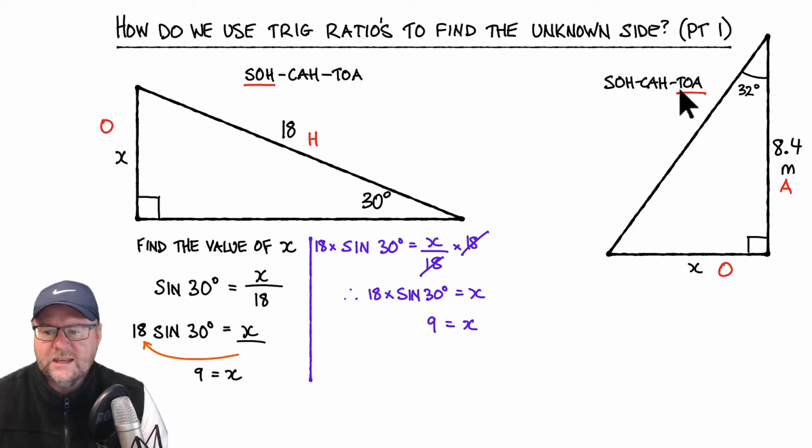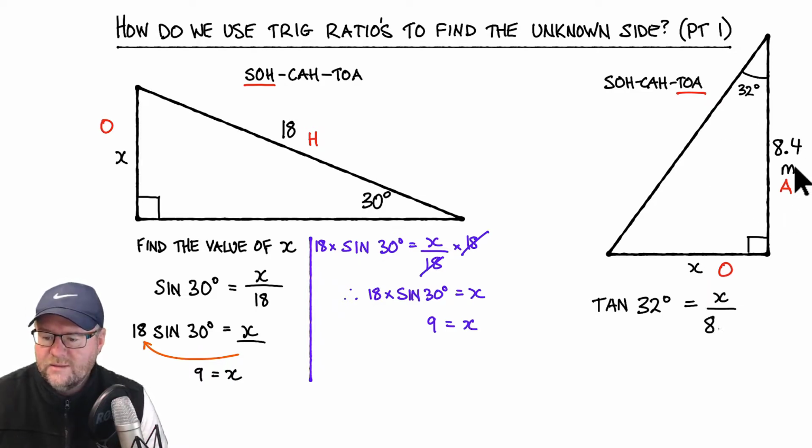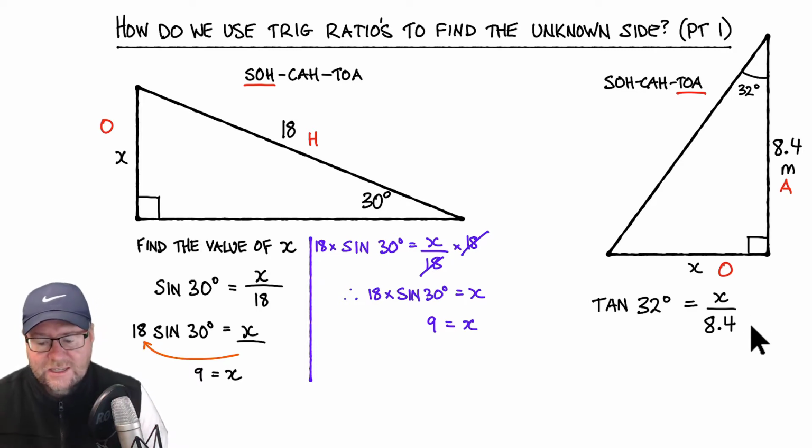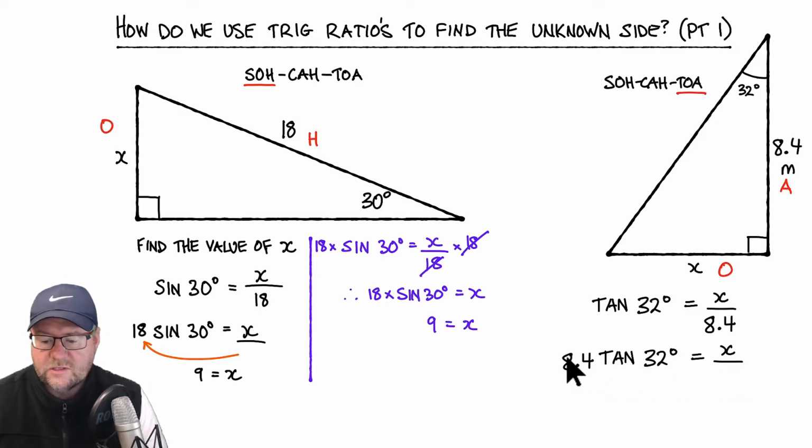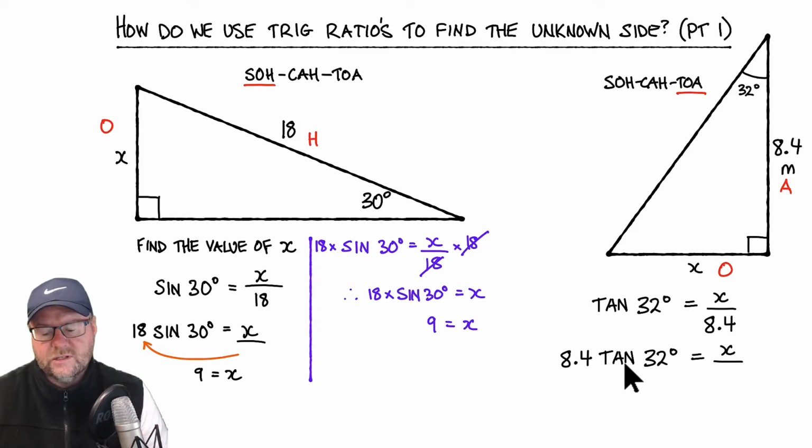Tan equals opposite over adjacent. So the tan of 32 degrees, because that's my angle of reference, equals the opposite, which is x, over the adjacent. And you can see, very similar to the previous question, now I've got an equation. My unknown is on the top, so I take the number on the bottom and I simply drag it across in front of the trig ratio.